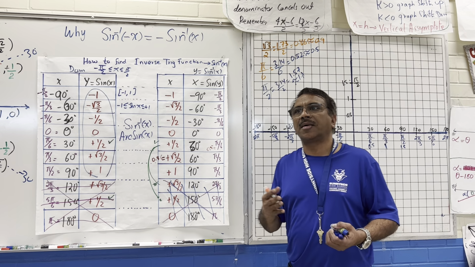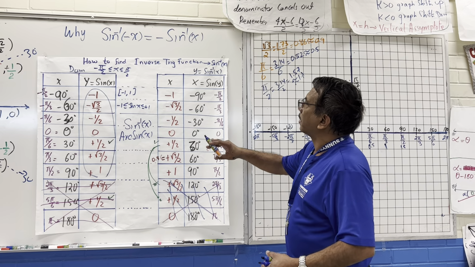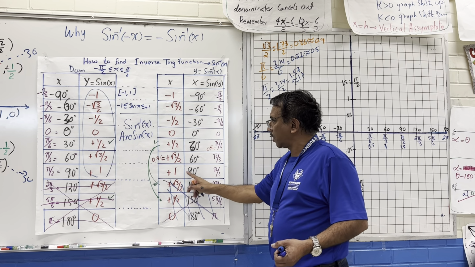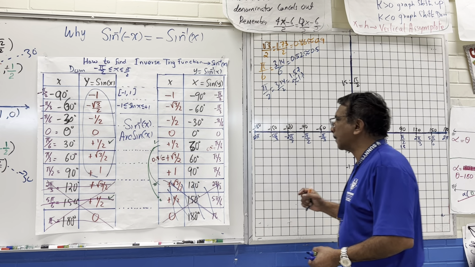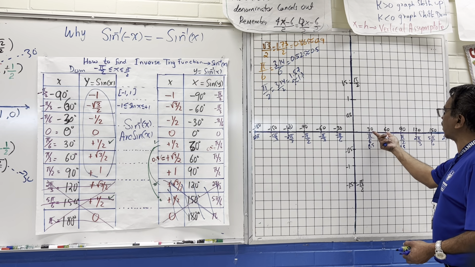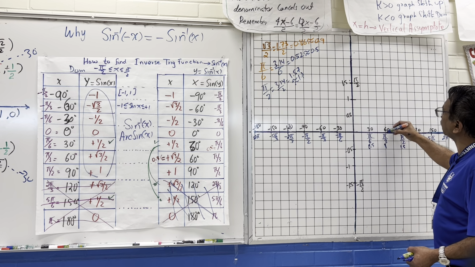First we will see how the sine inverse function looks. I'll start with the bottom part to make it easier. 1 goes to 90 degrees, which is pi by 2. Remember, two spaces is always 1, so this is 1, and this one is 90 degrees.